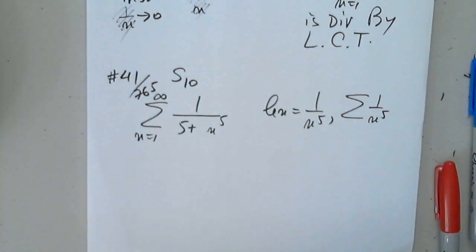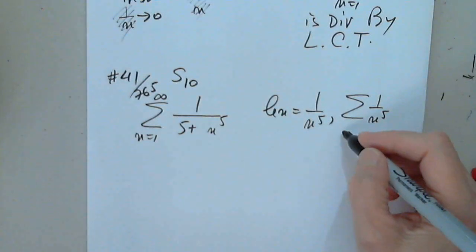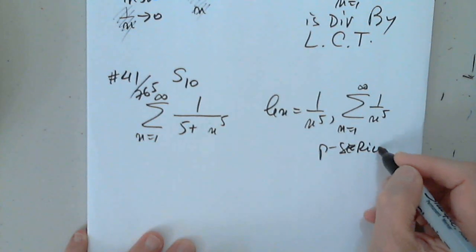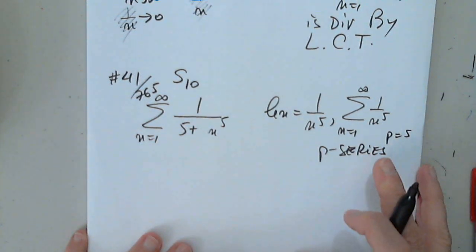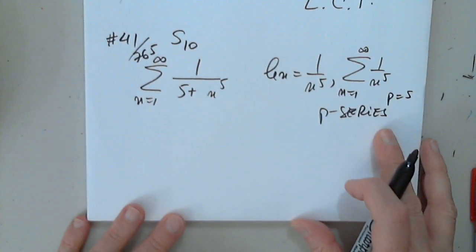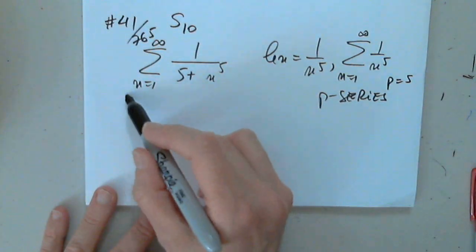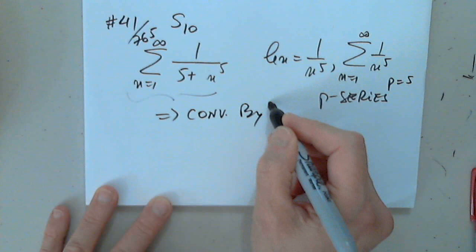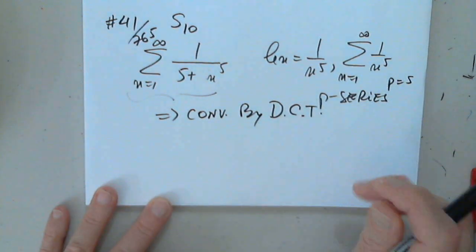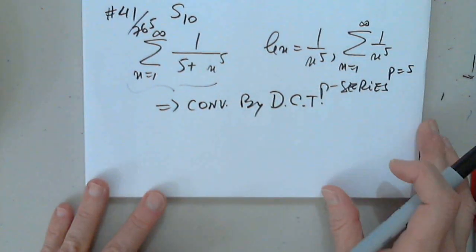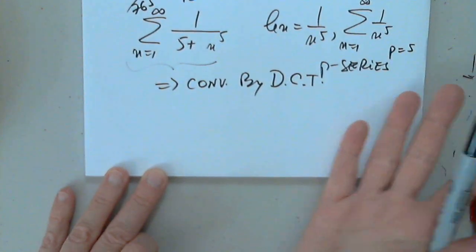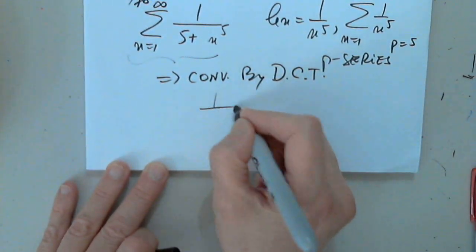Okay, this is convergent as a p series with p equals 5, as we know. So therefore this is convergent by the direct comparison test, because we are comparing it to 1 over n to the 5th, and why, again, let's write it down.